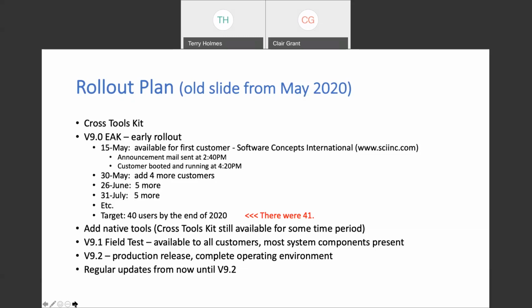So you may not think it's a big deal that we said we'd like to do 40 and we ended up with 41, but it really was, given that we were starting from scratch without a lot of history as to how quickly we can do things. So otherwise, there's nothing on this slide that has changed. And I think the way we've talked about things and our plan still continue to follow this course.